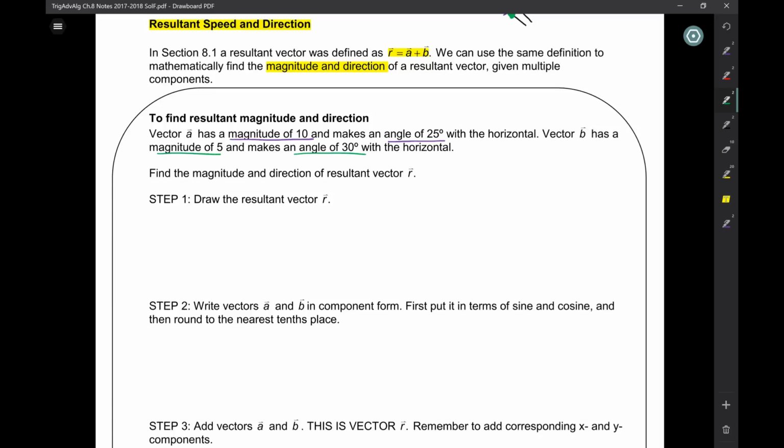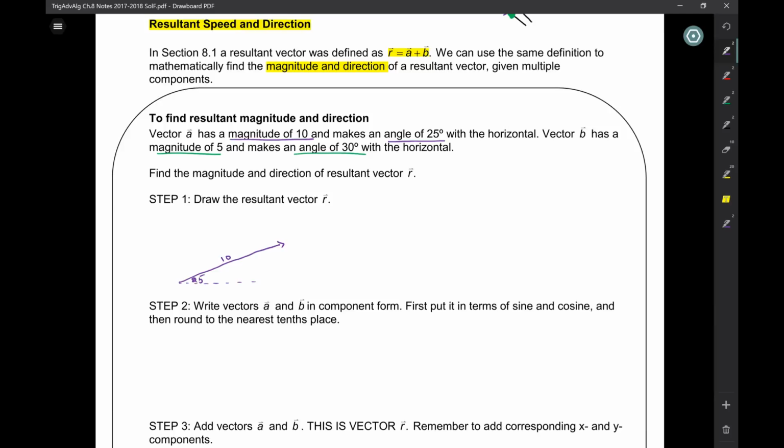So what we're going to do is draw the resultant vector. Now, magnitude of 10 and an angle of 25. So look, if this is the horizontal, it's got an angle of 25 and a magnitude of 10. I eyeballed the 25.